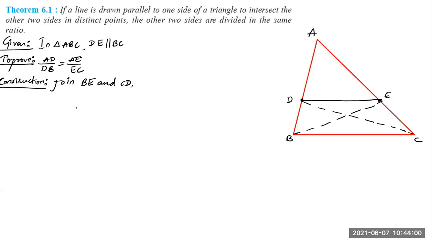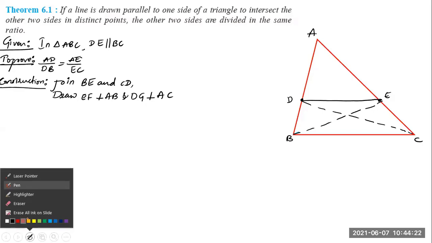Then afterwards, we'll draw EF perpendicular to AB. Remember, it is perpendicular to AB. And DG perpendicular to AC.